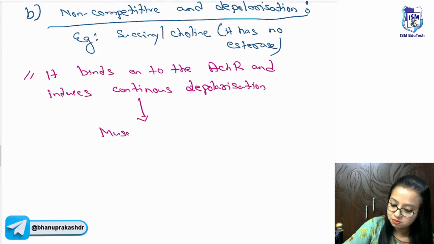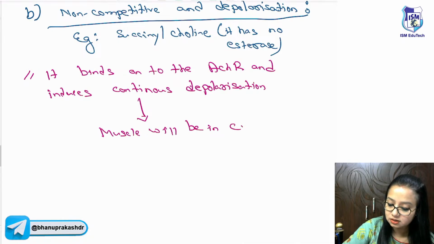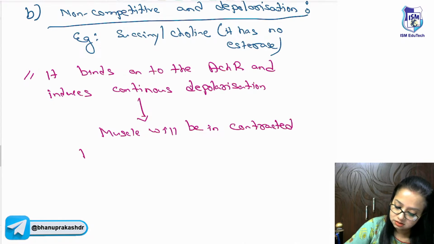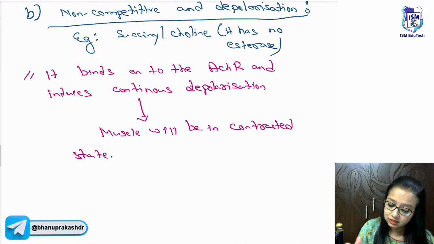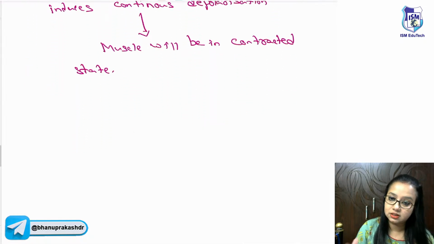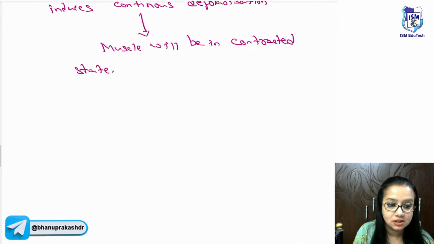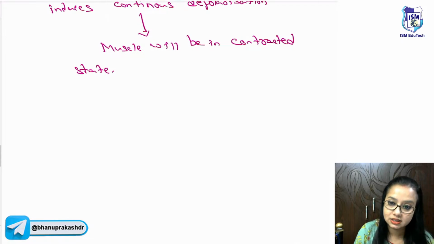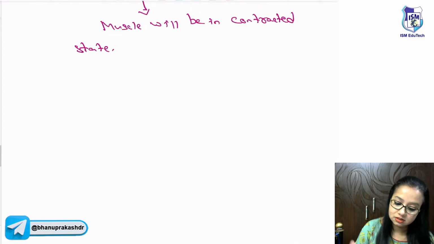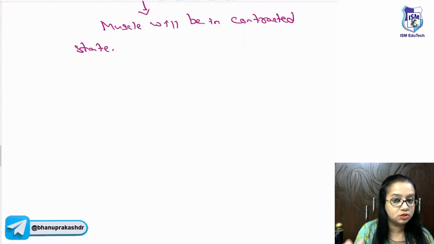So the muscle will be in contracted state. Here it is acting as acetylcholine and inducing muscle contraction. These are the pharma links related to the neuromuscular junction.